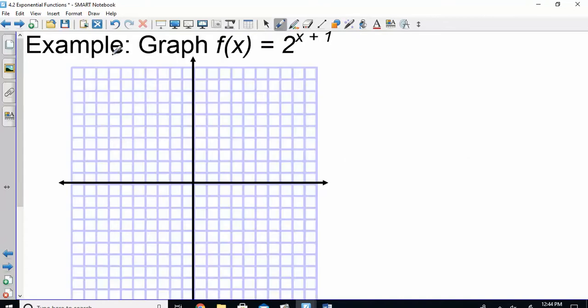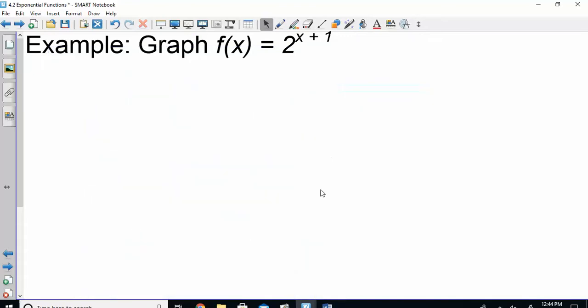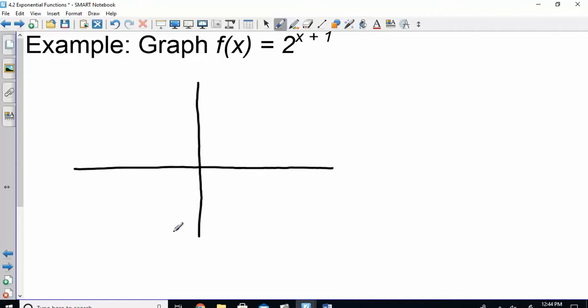Let's do a few more. So let's do 2 to the x plus 1. My parent function is just 2 to the x.